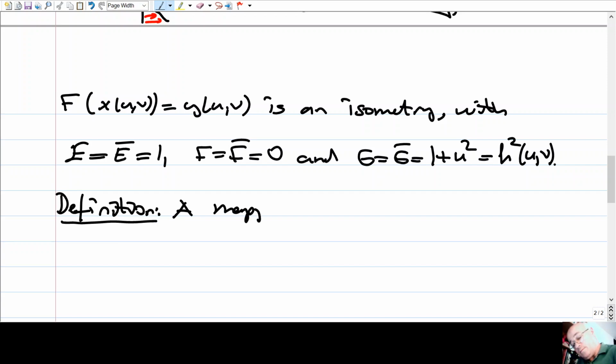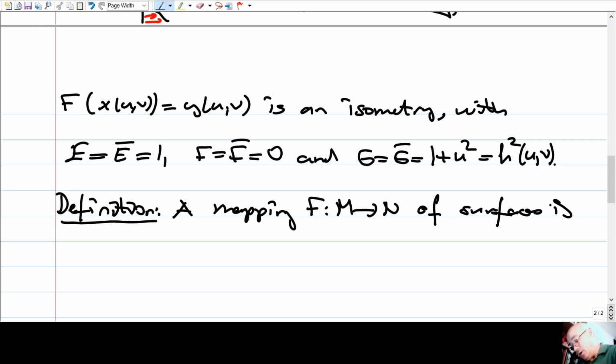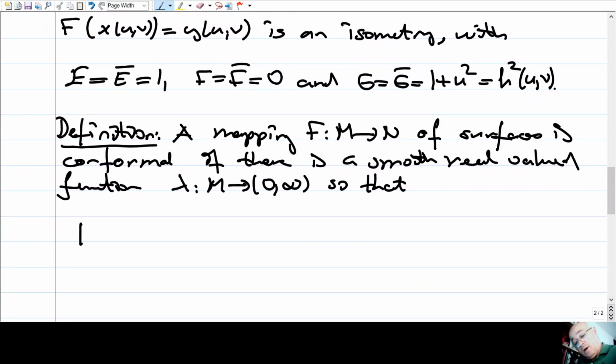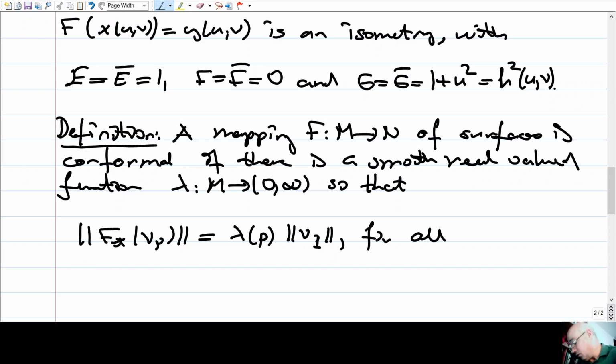A mapping F from M to N of surfaces is called conformal if there is a smooth real valued function lambda from M to (0, infinity) so that the norm of any vector under the derivative of F is just lambda of p times the norm of the vector, for all v_p in T_pM and for all p in M.